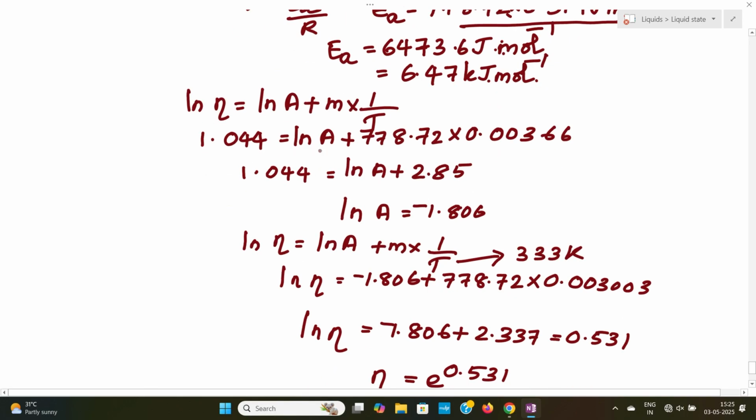1.044 is equal to ln A plus m, that is 778.72, into 1 by T, that is 0.00366.